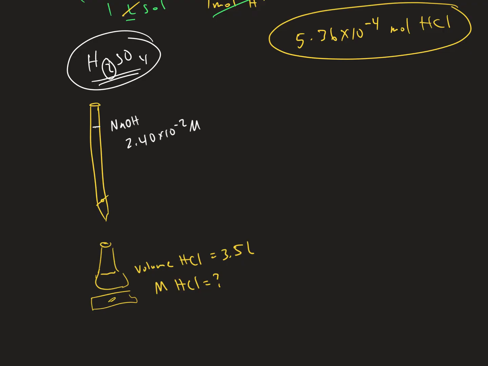Now we got to know how much we put in, right? Because if we don't know how much we put in, how much neutralizes, and if it neutralizes, we're going to have NaOH neutralizes with HCl, and what do we get? NaCl and water. Just a double replacement reaction. And it's balanced, so we're good.